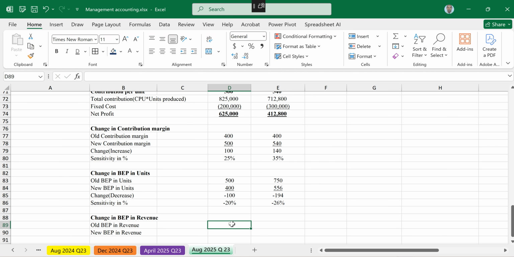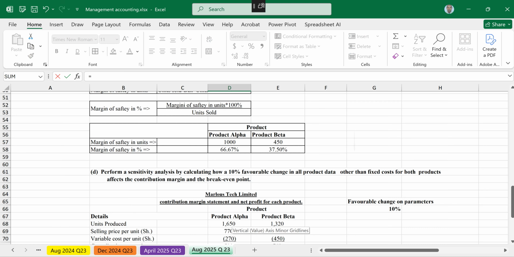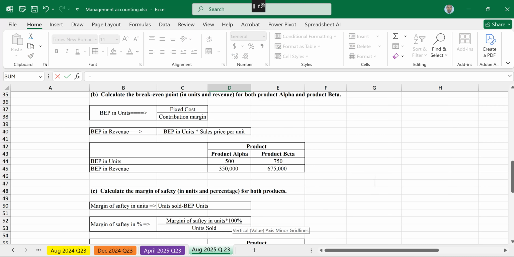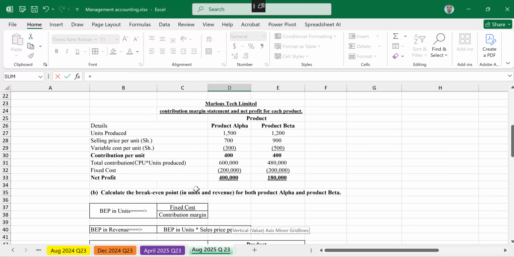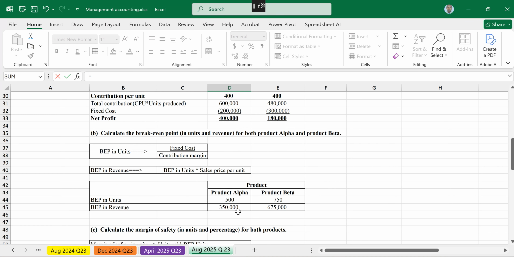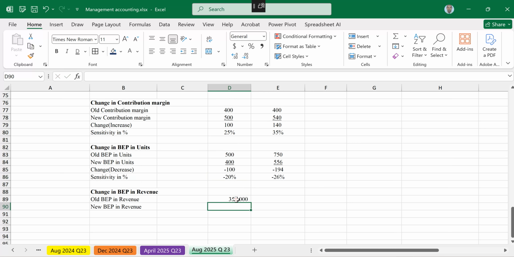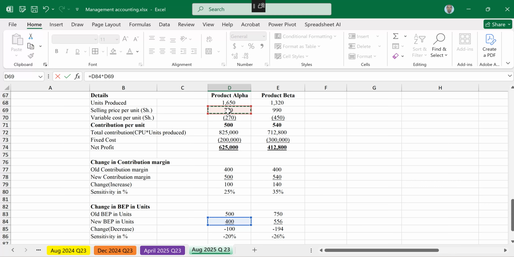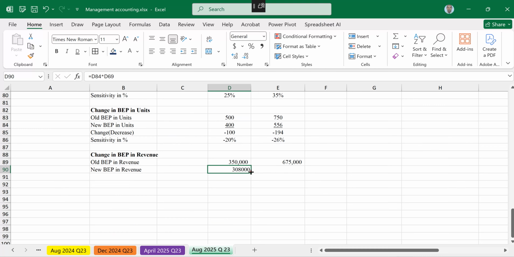The old BEP in revenue was $350 and $675. New BEP in revenue will be equal sign, the new BEP in units times the new sales price per unit, which is 770 up there. That will give us 308. Drag across to get the other answers.